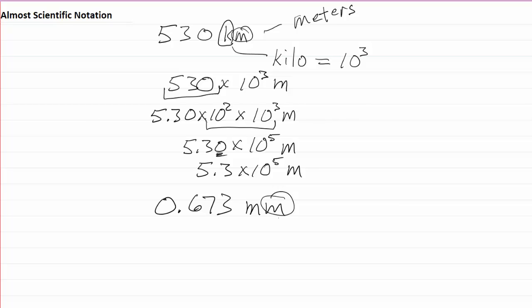We won't go into that here. Anyway, I've got meters for units. The prefix on that, this m in the metric system, means 10 to the minus third. It means milli.